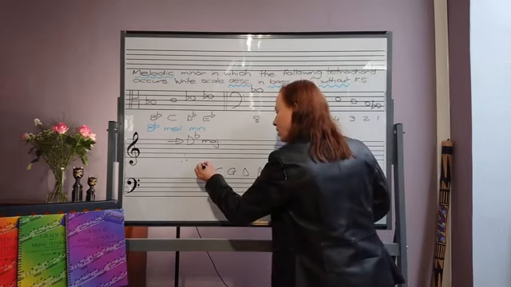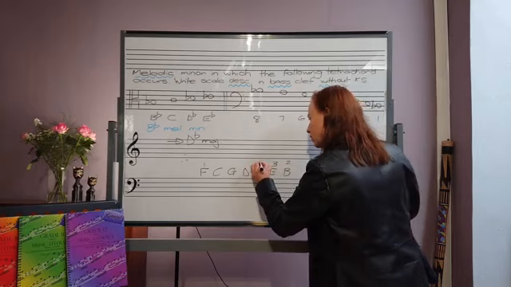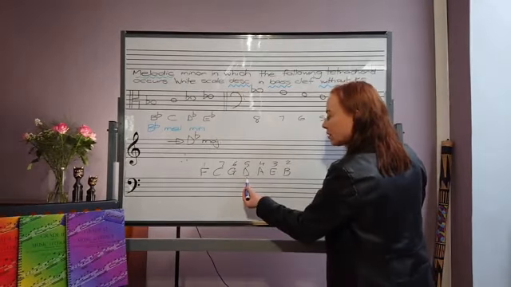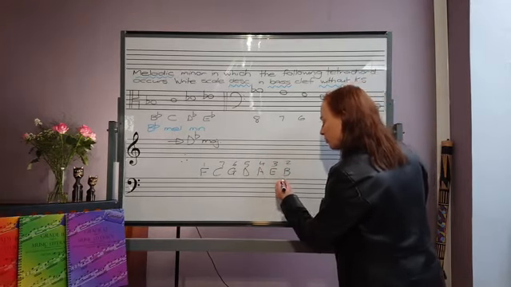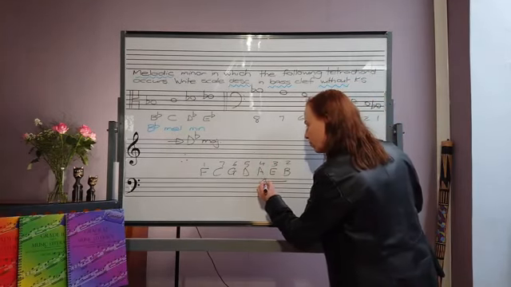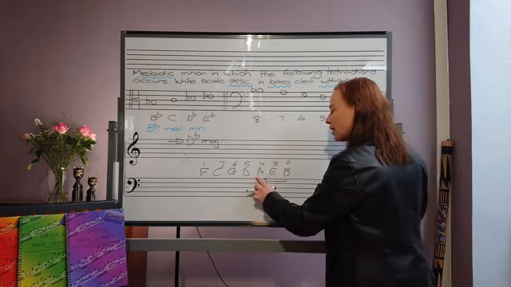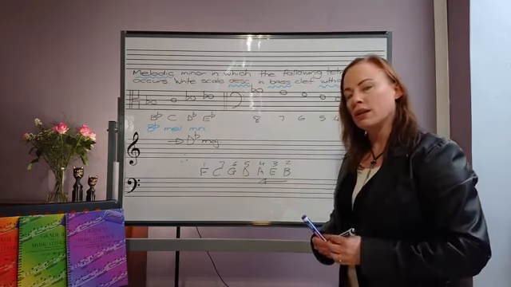Okay, so F major has 1 flat, B flat major has 2. D flat major has 5 flats. Remember, we always count the flats from right to left. So we've got a B flat, E flat, A flat, D flat, and a G flat in the key signature.